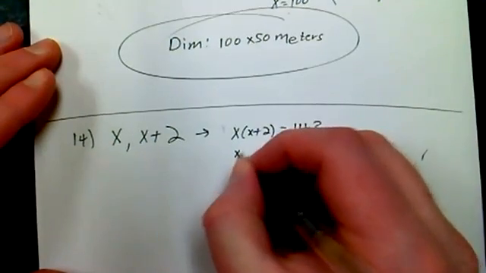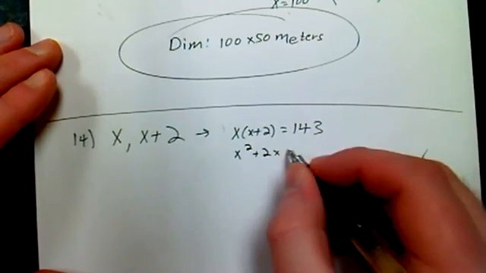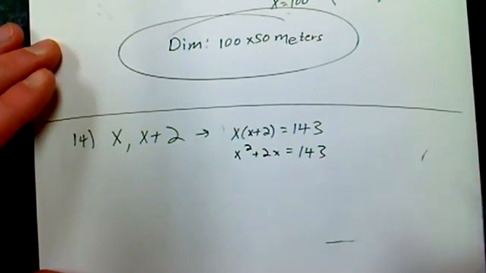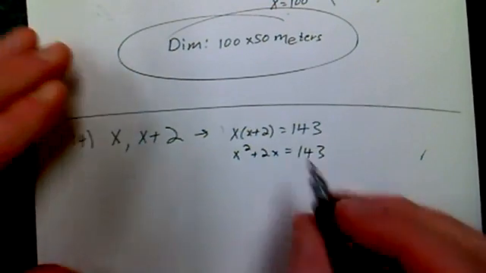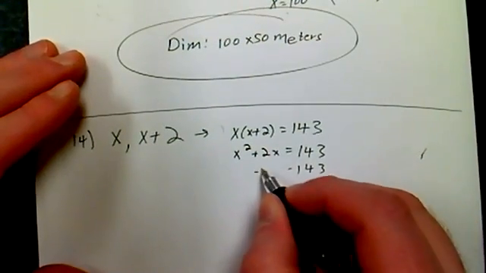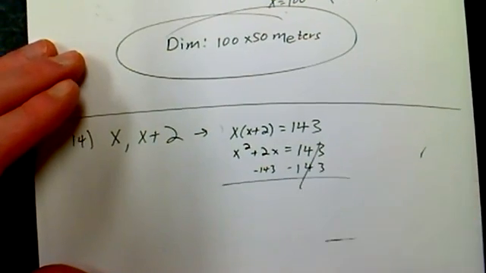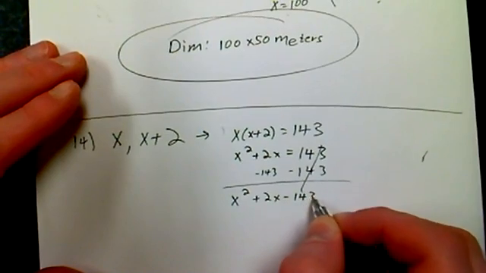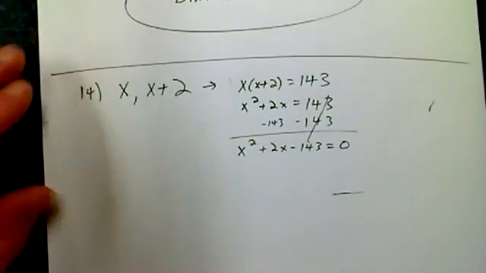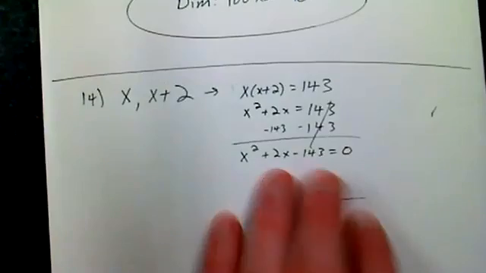Then I think what I'm going to do is I'm going to get a quadratic out of this. This is a quadratic equation we're ending up with. So I will subtract 143 from both sides so that we can use our strategy. x squared plus 2x minus 143 is equal to 0. And now we just have a quadratic to solve, okay?